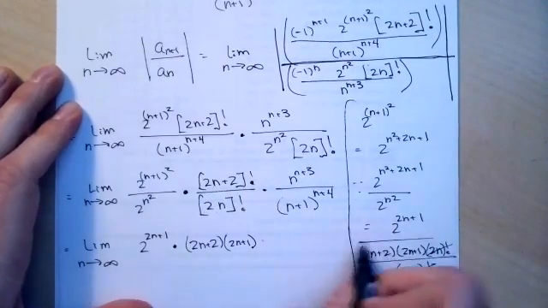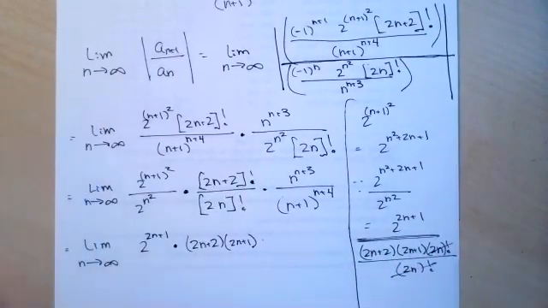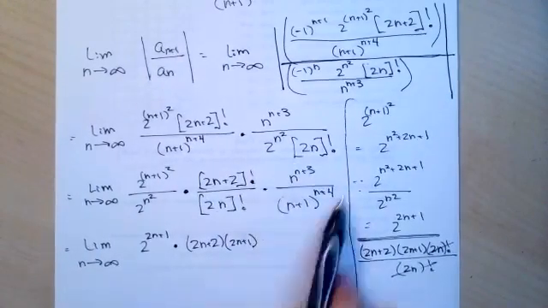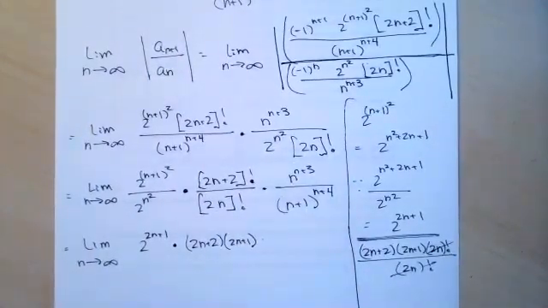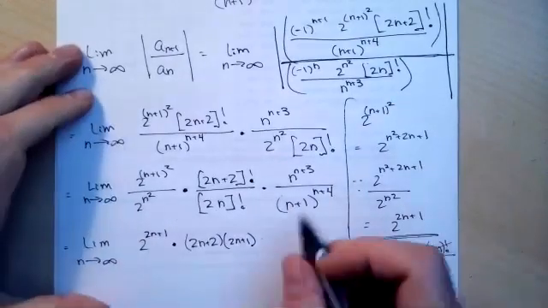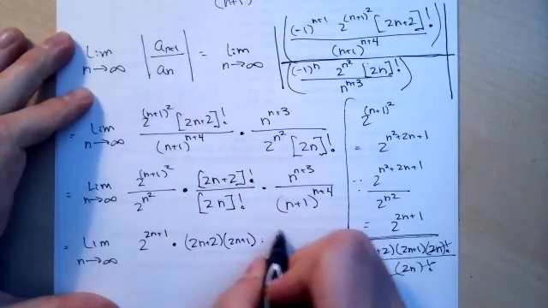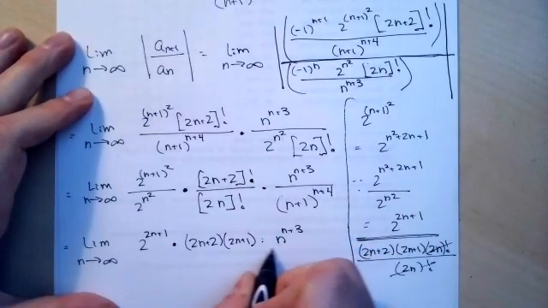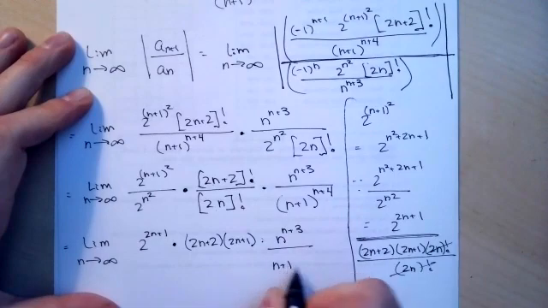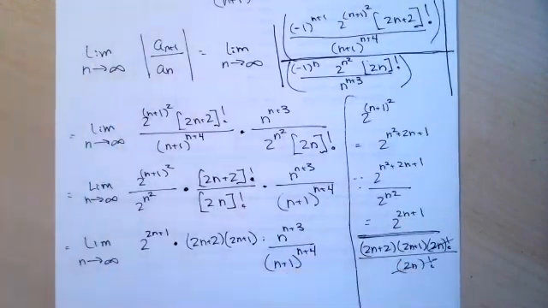Those two will cancel. And now we've got to deal with this guy. So we've got times n to the n plus 3 over n plus 1 to the n plus 4.